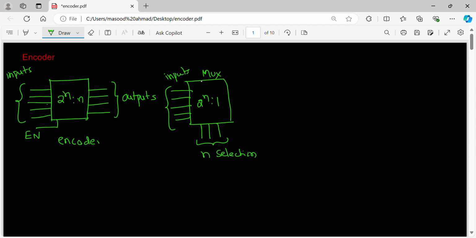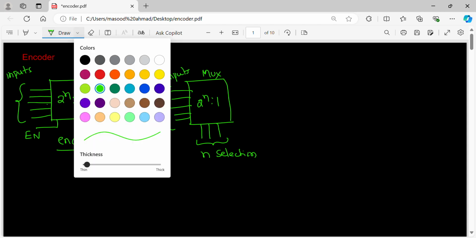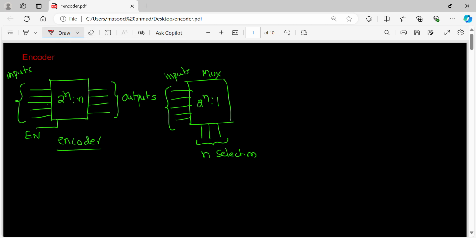Now you can compare encoder with mux. If I change these selection lines, which are actually input lines, and make them output lines, then, anyhow, for the multiplexer also enable is there, and here also enable is there.